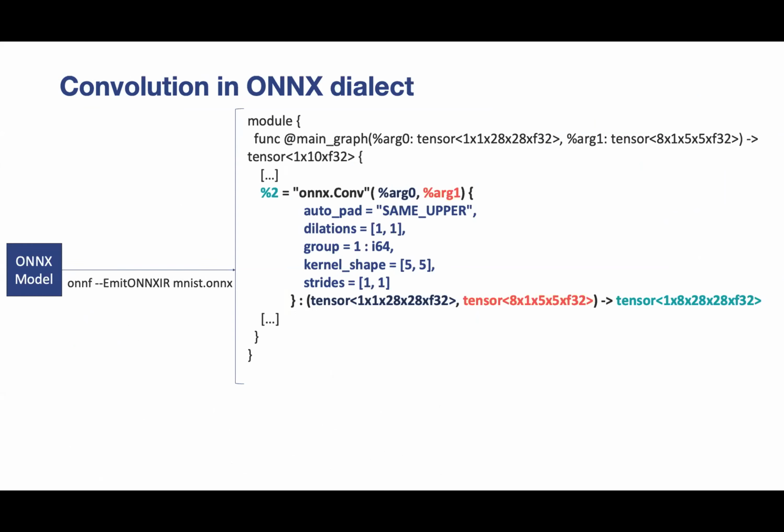For this example, for the convolution operation, all we do is basically use this to generate an ONNX dialect version of the input. So if you can go to the next one, please.